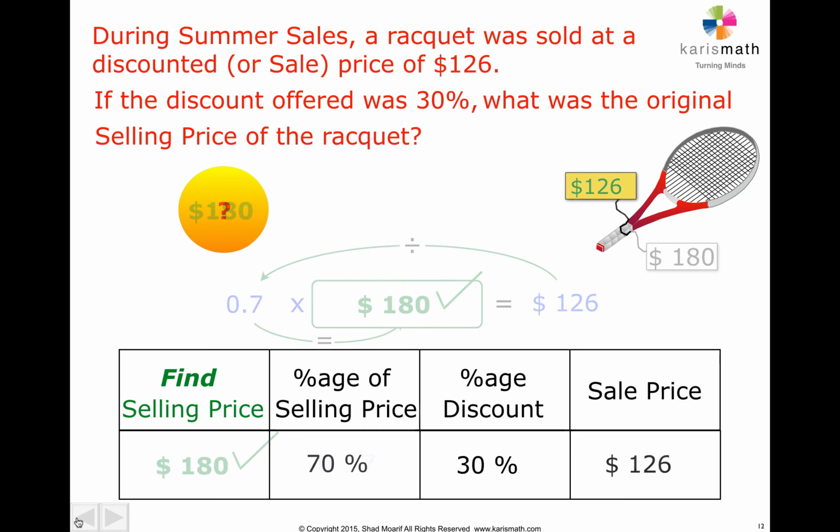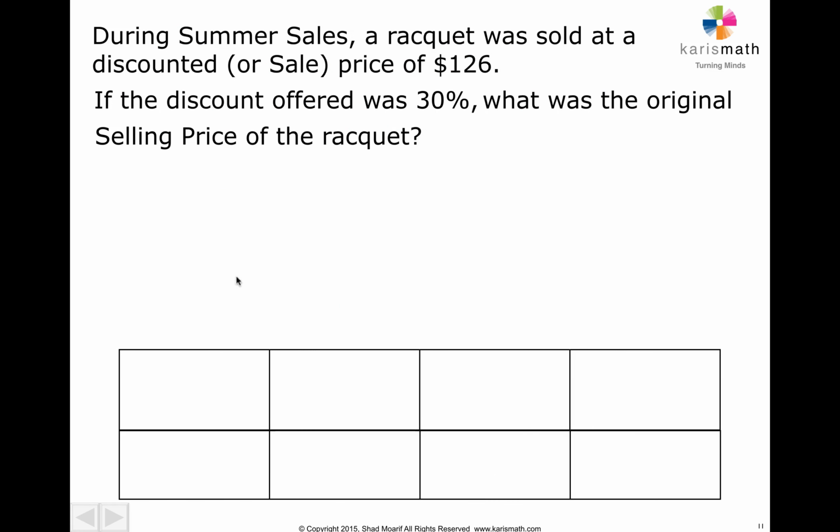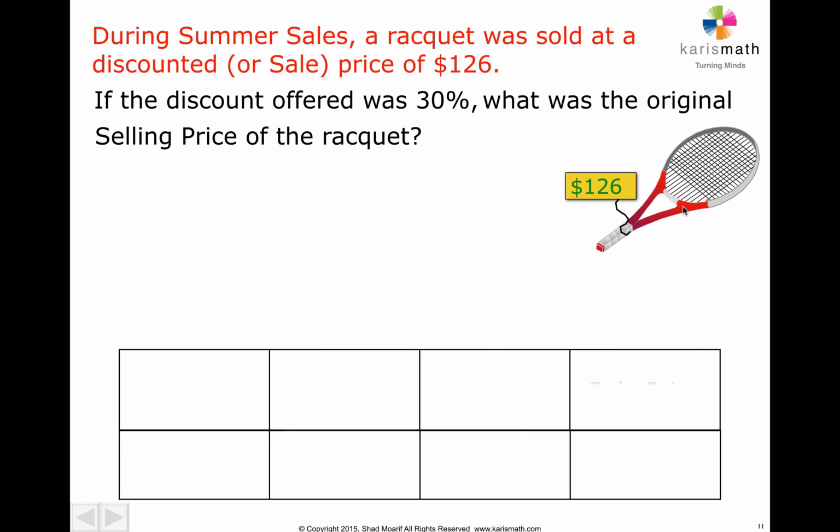So let's look at it one more time slowly. This is where we started. During the summer sale, a racket was sold at a discounted price of $126. That means the sale price was $126, right? This is the sale price. And the discount is 30%.